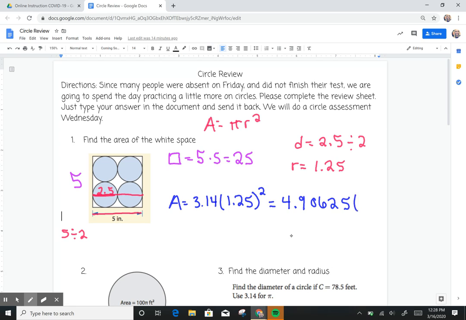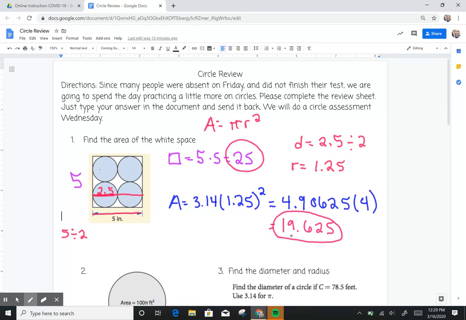But since I have 4, I have to multiply that by 4. So I'm going to multiply it by 4, and we get 19.625. So I found the area of the square is 25. Since I multiplied my circles by 4, I know the area of all the circles is 19.625.